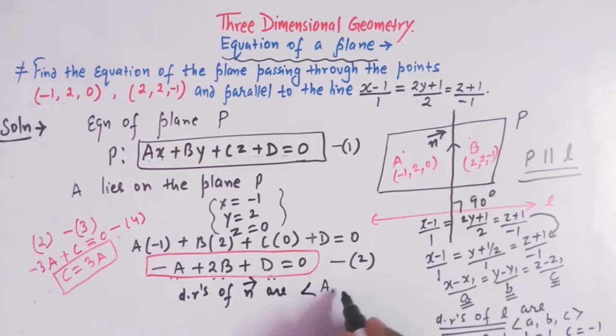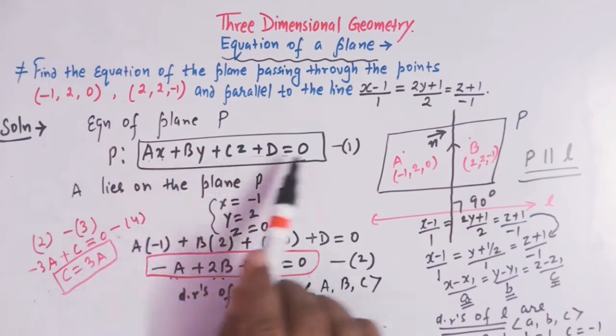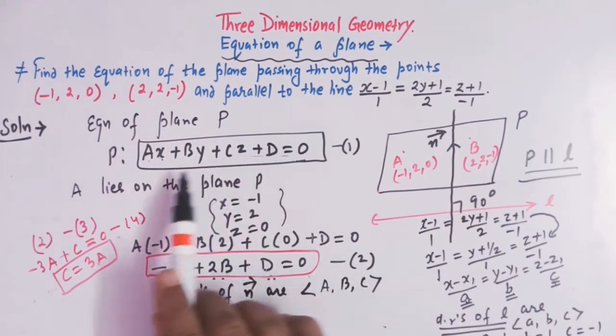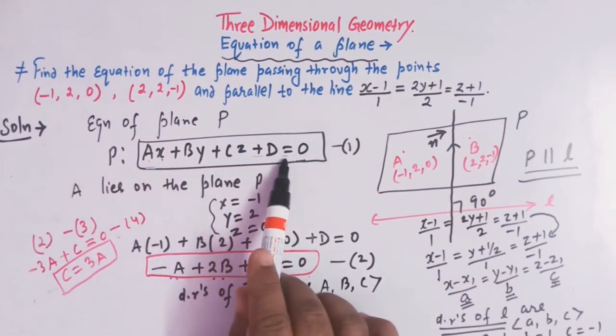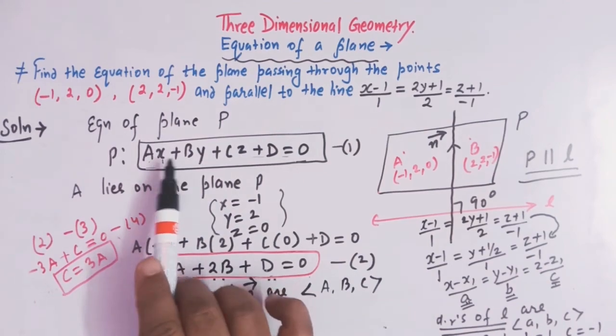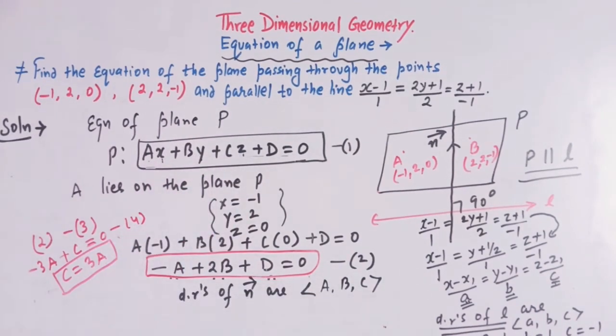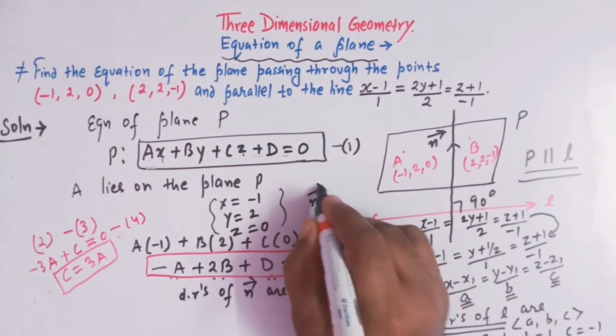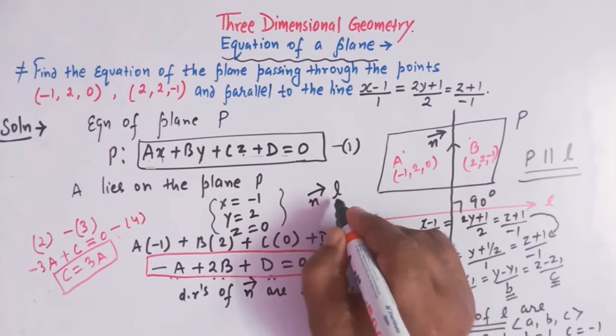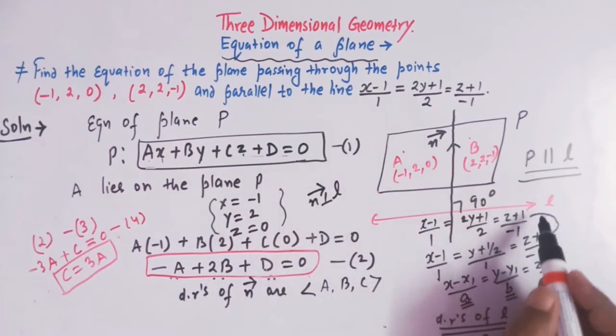So here we have a, b and c, because if we have any plane P whose equation is in this form, then the coefficients of x, y and z always represent the direction ratios of the normal vector, right? Okay, now we see that this normal vector is perpendicular to the line L, right?